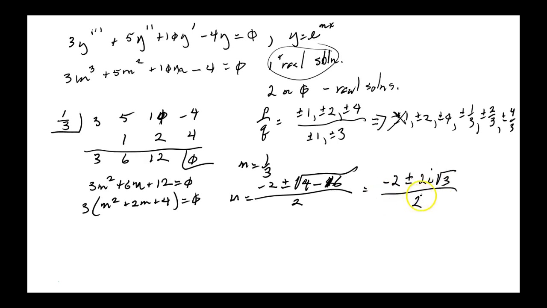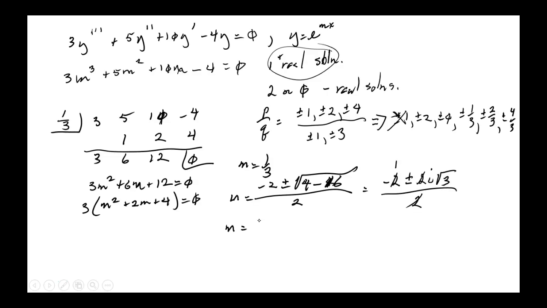Now you can take the 2's out. So you get negative 1 plus or minus i root 3. So your 2 complex roots, which are complex conjugates of each other, are minus 1 plus or minus i root 3.